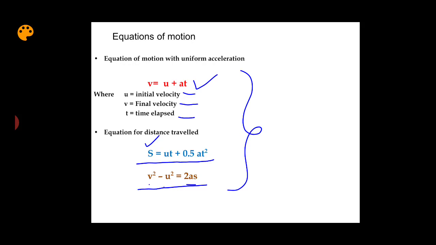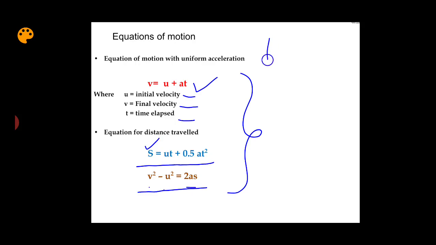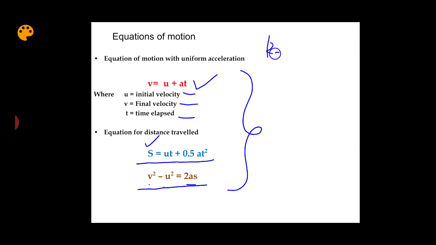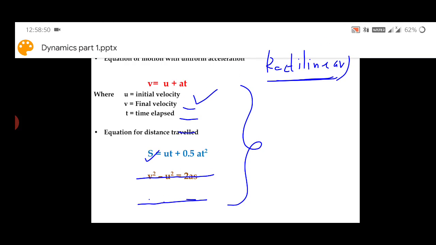Now in kinematics we have to study rectilinear motion. Rectilinear motion is when the body is moving in a straight line or in a linear direction.